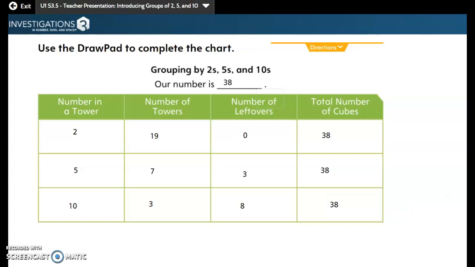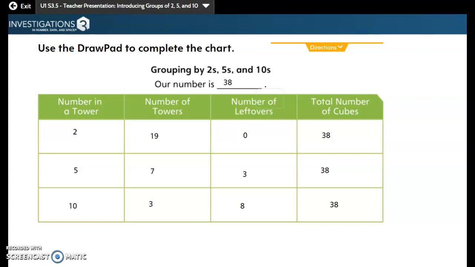Now what you're going to do is use Student Activity Book page 56 and your number cards. You are going to turn over one of those number cards to build your towers, count your cubes out, put them in groups of 2s, groups of 5, and groups of 10, and then fill in that activity book page 56 with your total number of cubes.